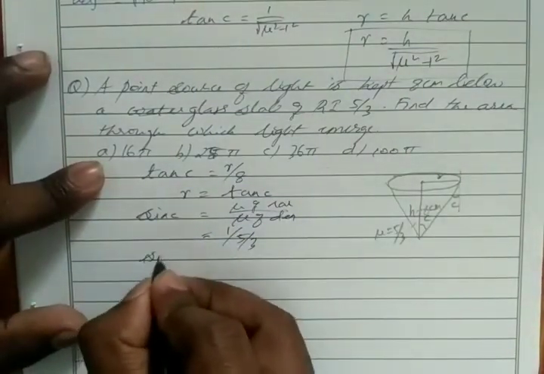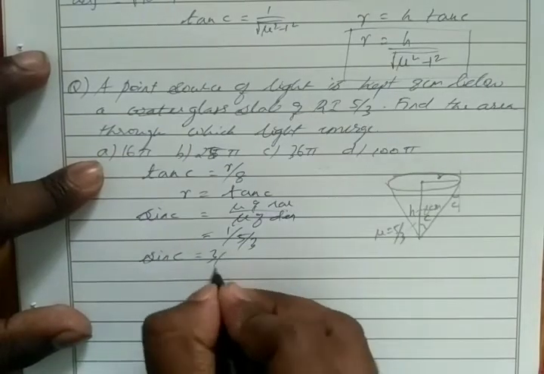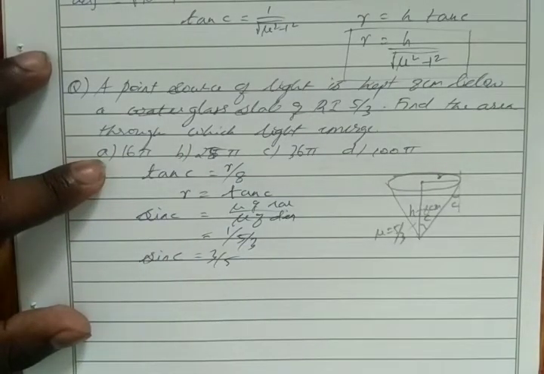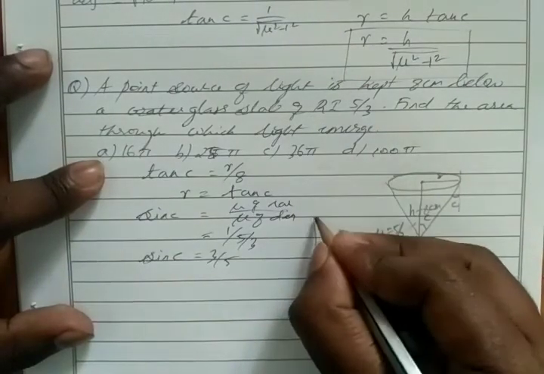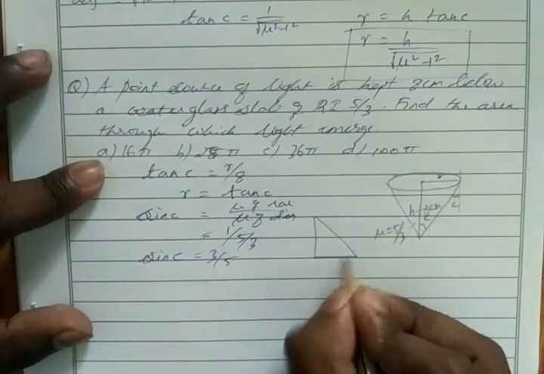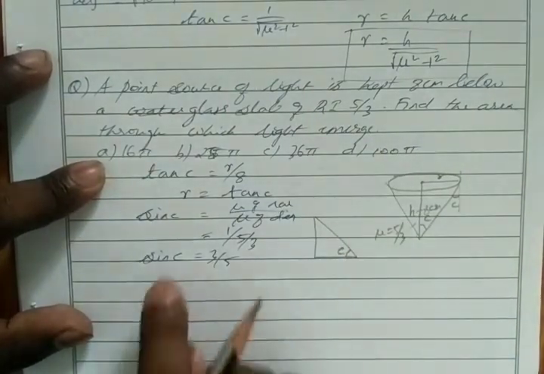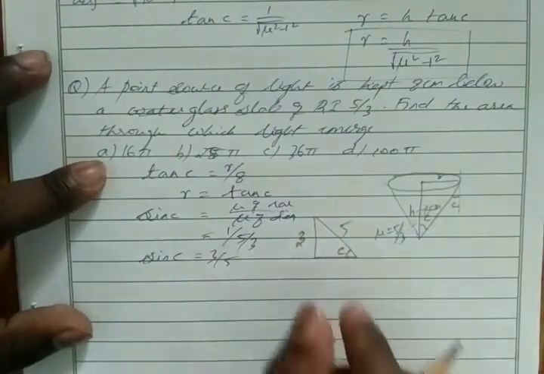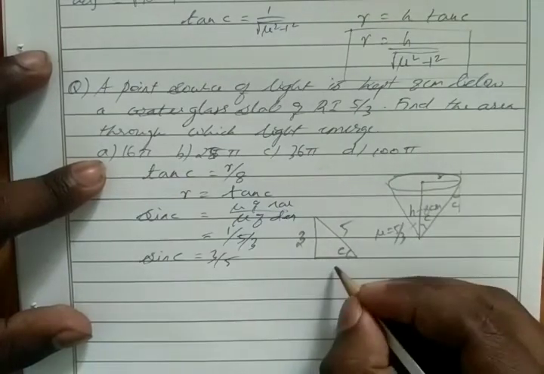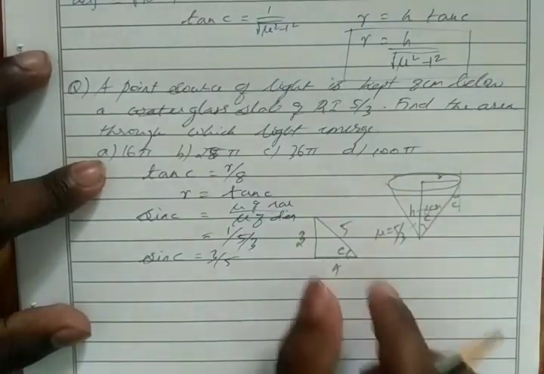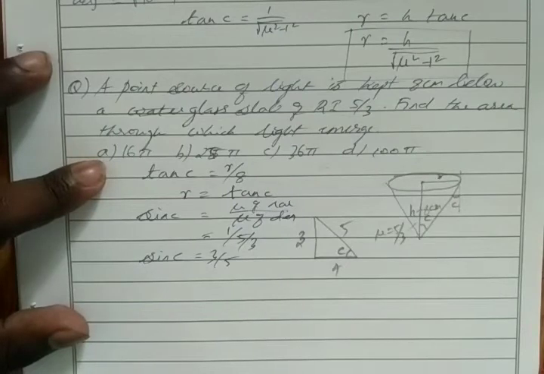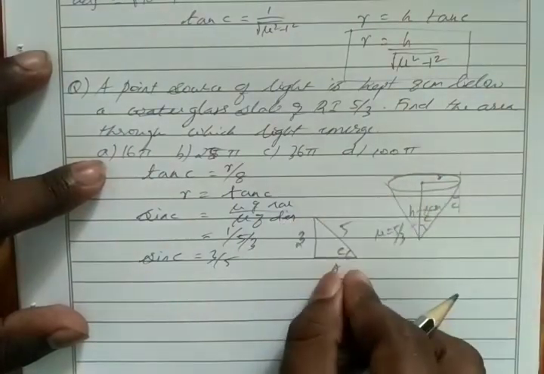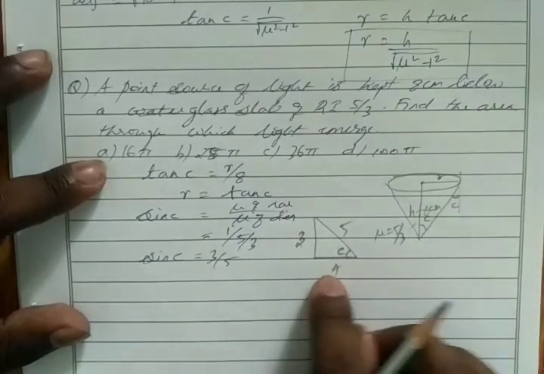So sin C is 3 by 5. Sin C is opposite by hypotenuse. Draw a triangle with angle C: opposite 3, hypotenuse 5. What is the remaining side? The famous 3-4-5 triangle. Using the Pythagoras theorem, 5 square equals 3 square plus adjacent square, so adjacent square is 16, and its root is 4. So the adjacent side is 4.